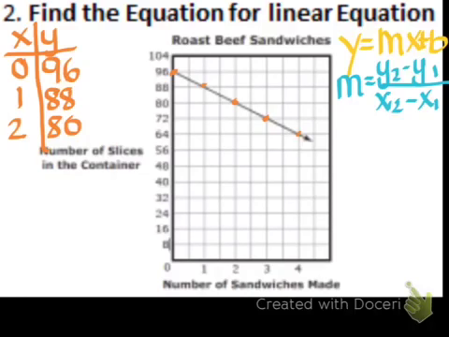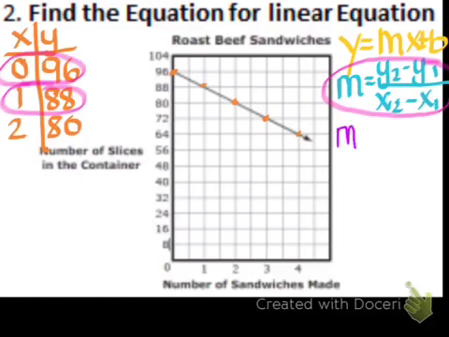Because what we're going to do now is use this formula right here to solve for our slope. And to do that, we need to pick 2 points. So I'm going to choose the points 0, 96, and 1, 88, these two right here at the top of my list. And we will substitute them in. So over here I've got my m equals y2.